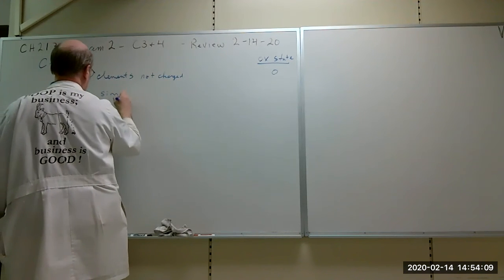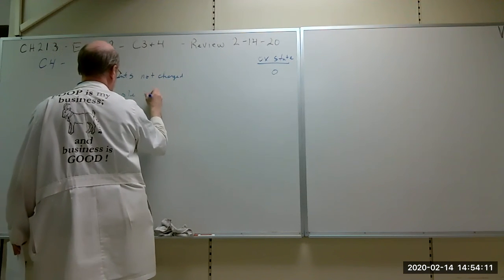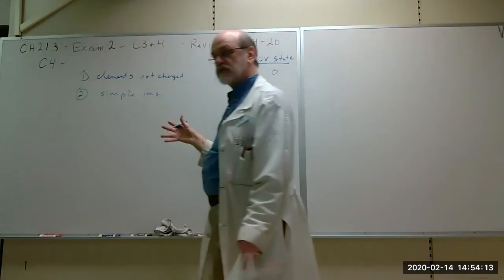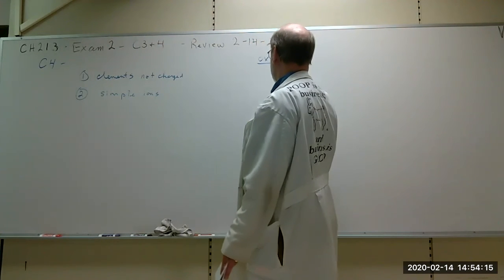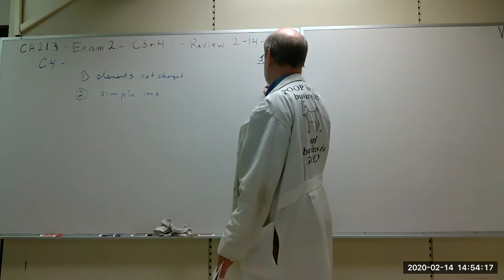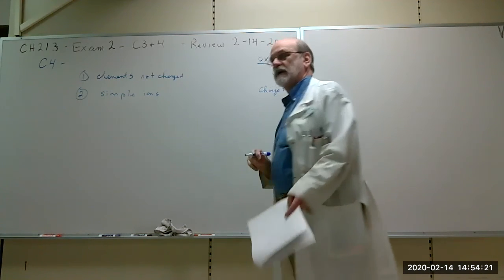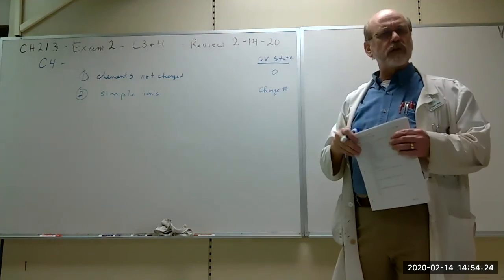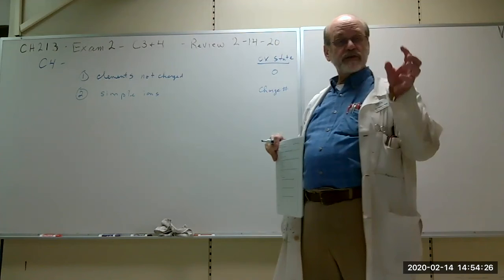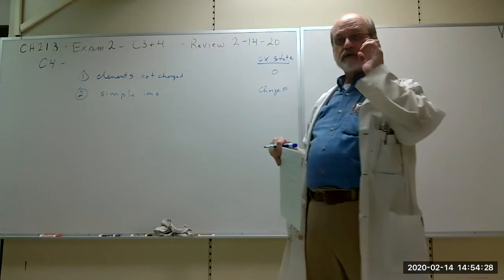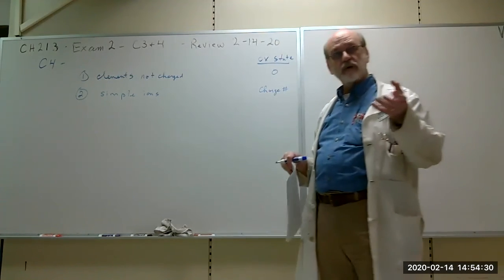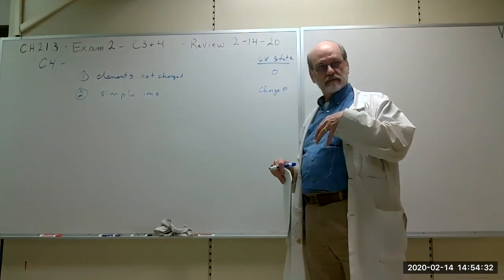Simple ions, like a single element that has assumed a charge. The oxidation state is the charge number. So if we had sodium chloride, sodium would be +1, chlorine would be -1. So the oxidation state for sodium would be +1, for chlorine -1.